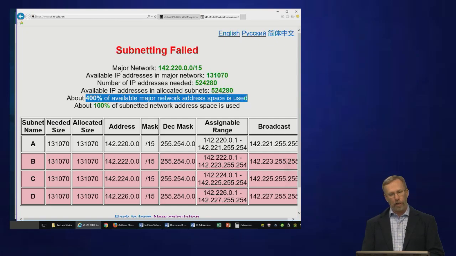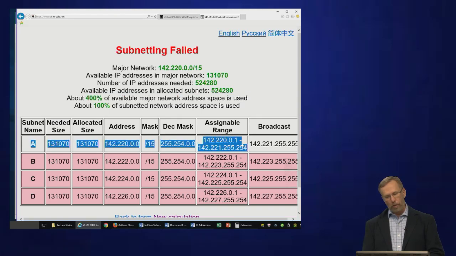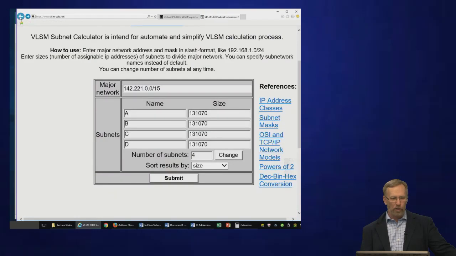And so it's telling us that I could define the first network, that worked, but I can't define these next 3, they're shown in red, because I don't have enough IP addresses, because I entered my inputs incorrectly. So you need to make sure that when you're using one of these calculators, that you enter the inputs correctly, and you can come back and refer to this video if you're having problems with that.